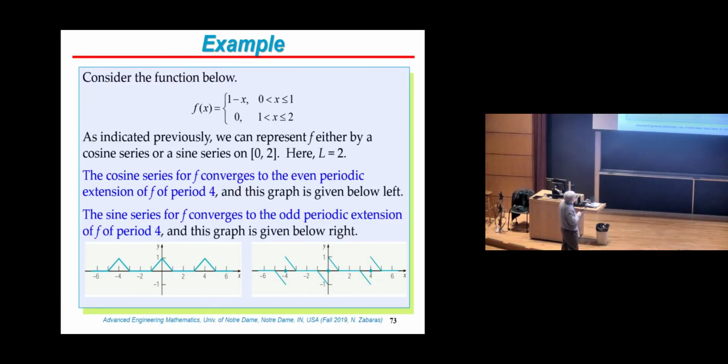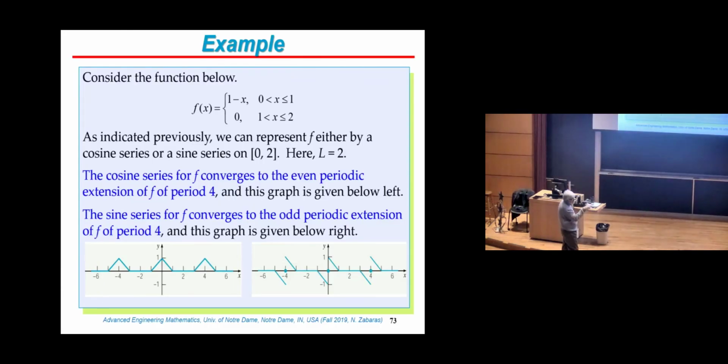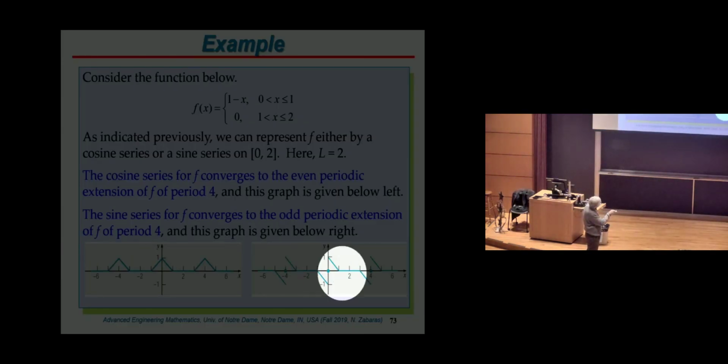And on the right, you see I produced an odd periodic function. So the even periodic extension of the function f is going to have the cosine expansion. We have just seen it. This is going to have the sine expansion of what we have seen.